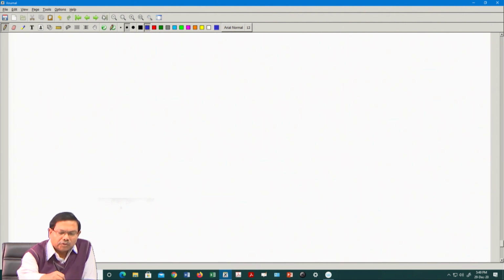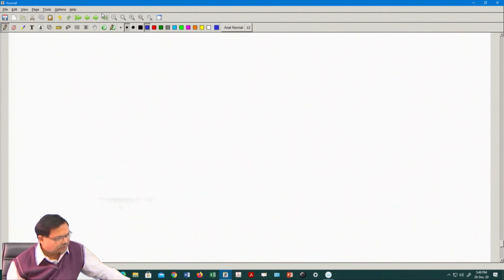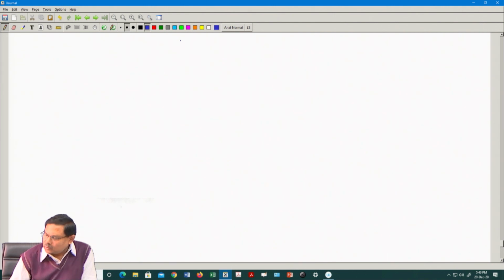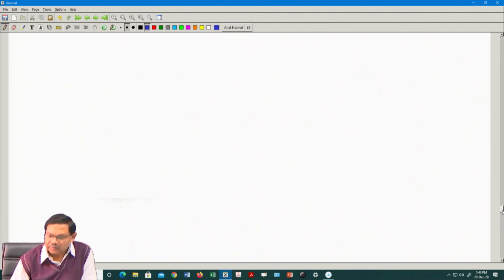Now, we switch over to the part that is so far left, and that is rigid body motion, motion of a rigid body. We have done some part initially.